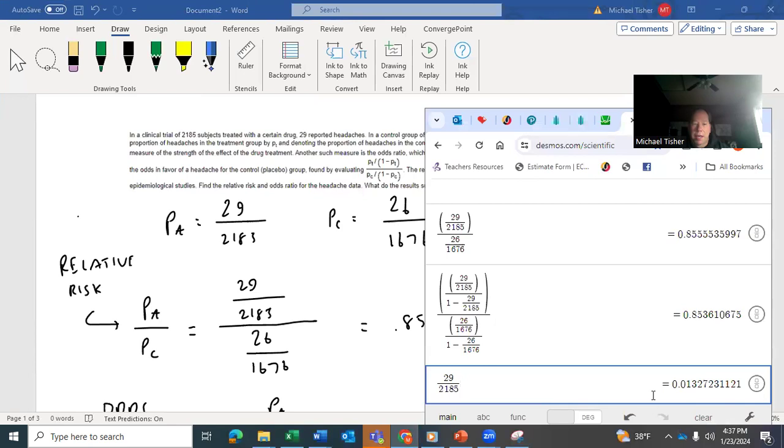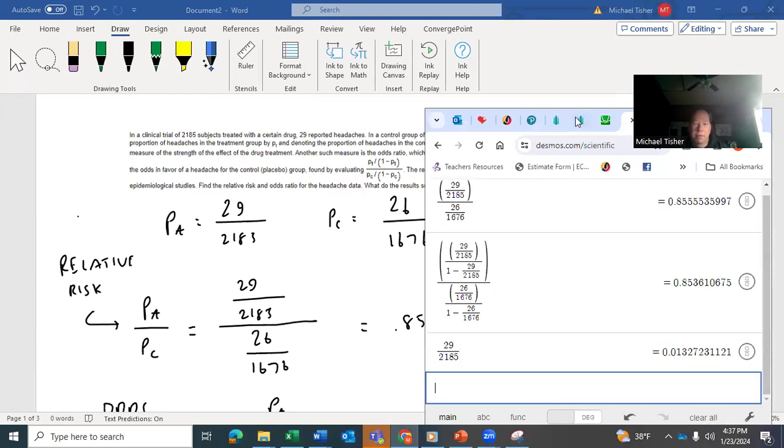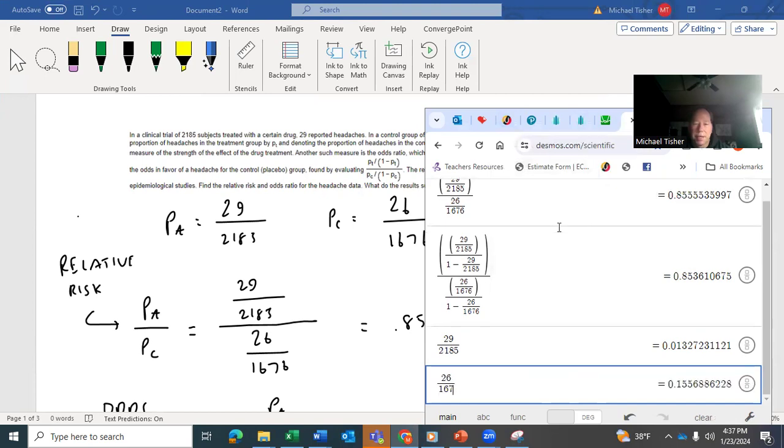Now let's see what we have for the placebo group. That was 26 over 1676, and we have 0.0155. So this is a bigger probability, which means it seems like the drug has nothing to do with headaches.